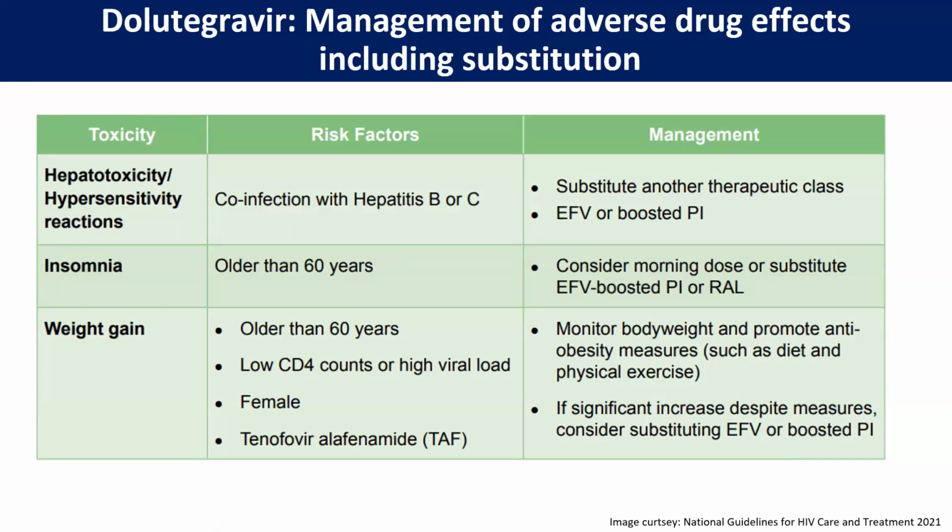If there is weight gain, specifically if the person is older than 60 years, has a low CD4 count, is female, and uses tenofovir alafenamide, then monitor the body weight and promote anti-obesity measures, that is lifestyle modification. If there is a significant increase despite measures, consider substituting efavirenz or a boosted PI. Please change.